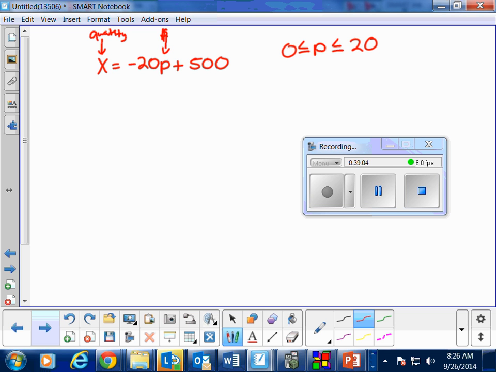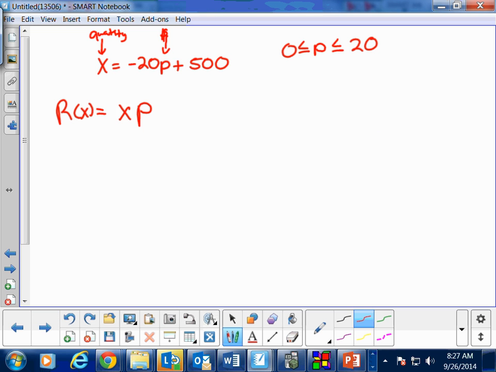Now let's actually write down the equation. We have that the revenue equation is actually going to be x times price. Now the thing is, given the equation how it is, I don't have that in terms of p. So let's get that in terms of p.